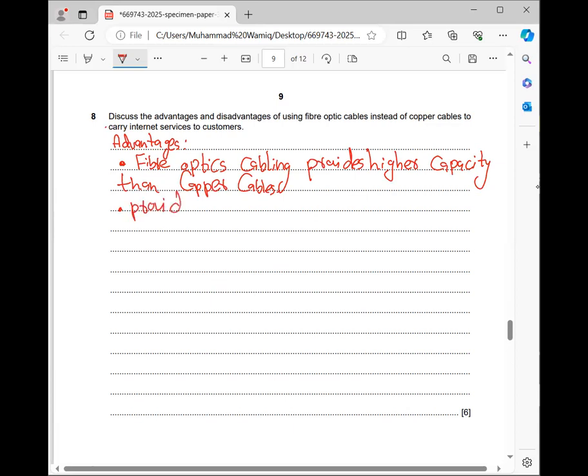They also provide a higher bandwidth than copper cables. Bandwidth is the amount of data that can be transferred and received.